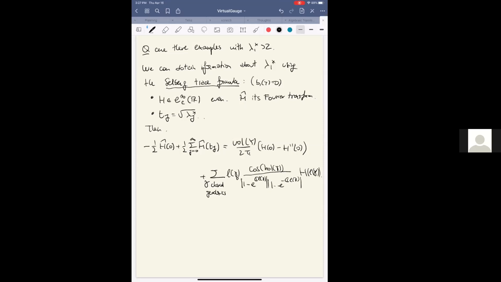Okay, so this is a long formula, but let me just mention what this is.